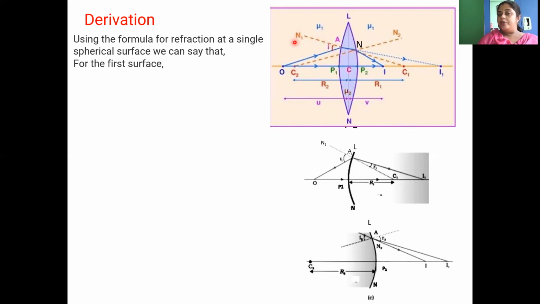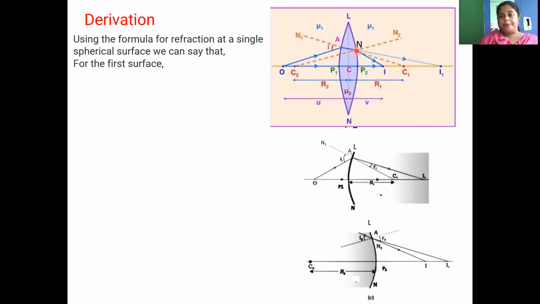So after refraction, light will bend towards the normal. Here N1C1 is the normal, so this light after refraction bends towards the normal. AN is your refracted ray here.